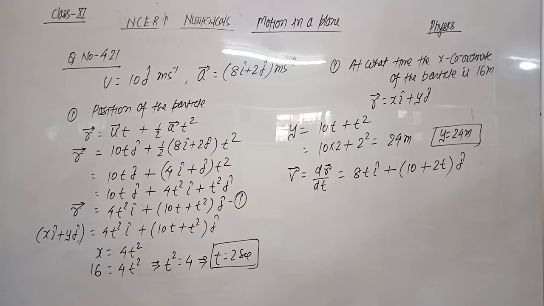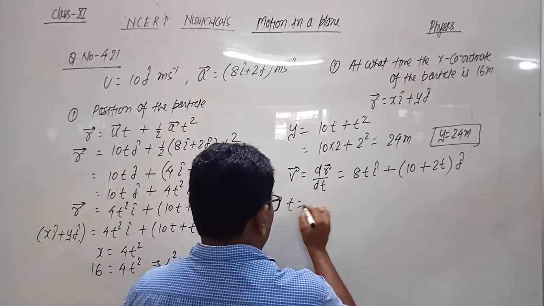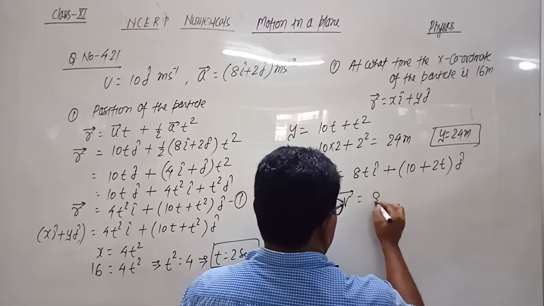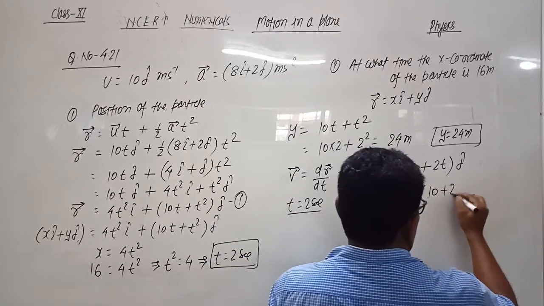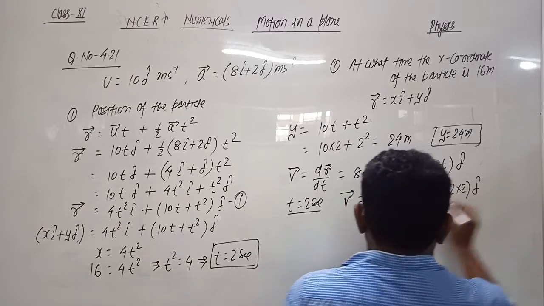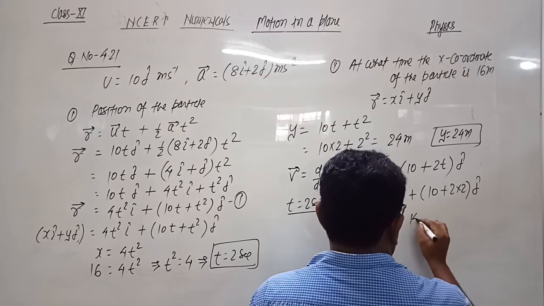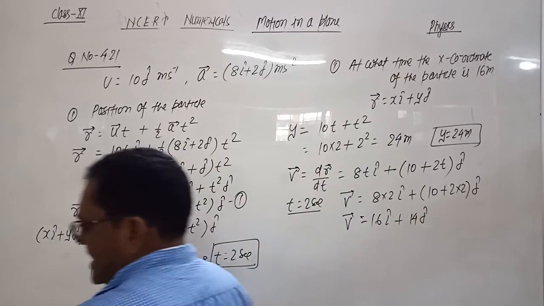Now we calculate the speed of the particle at that time. Put t equals 2 seconds. So v equals 8 into 2 i cap plus (10 plus 2 into 2) j cap, so 16 i cap plus 14 j cap. This is the velocity of the particle at that time.